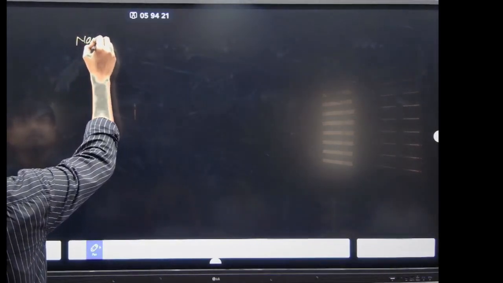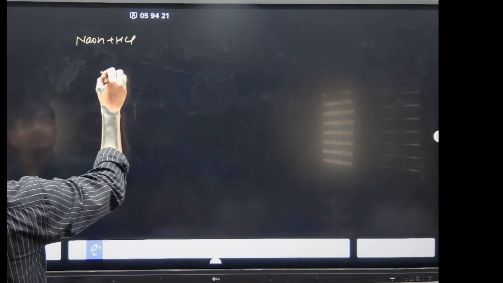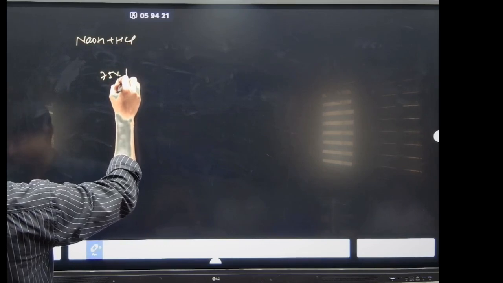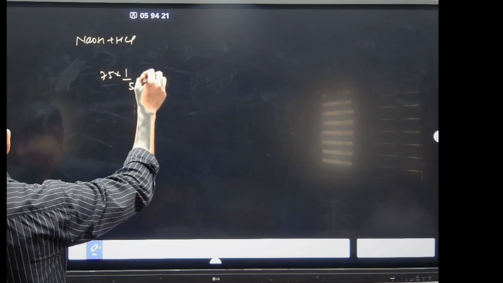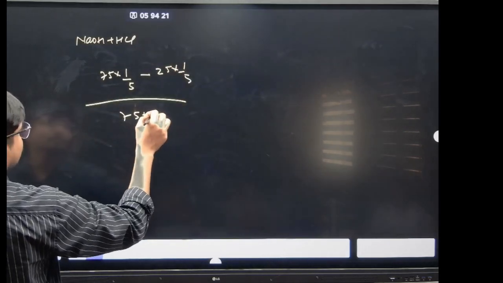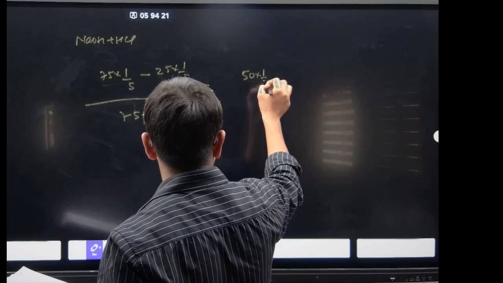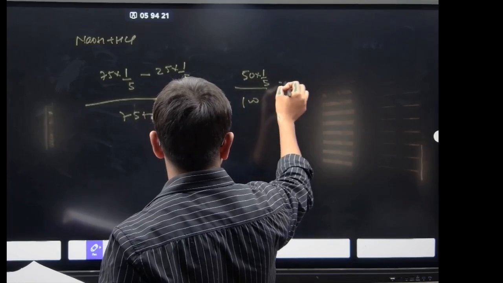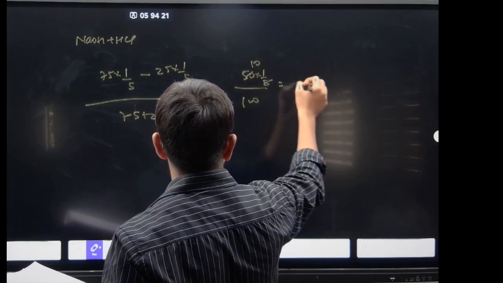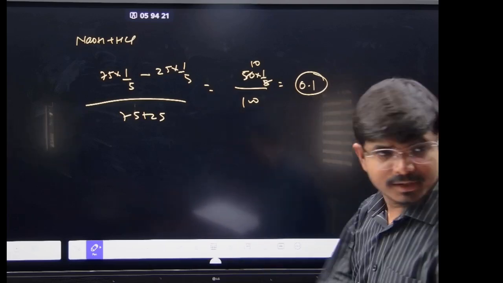You can also check this one, right? How to check this one? See, NaOH plus HCl, right? It will be 75 into that is the 0.1, right?